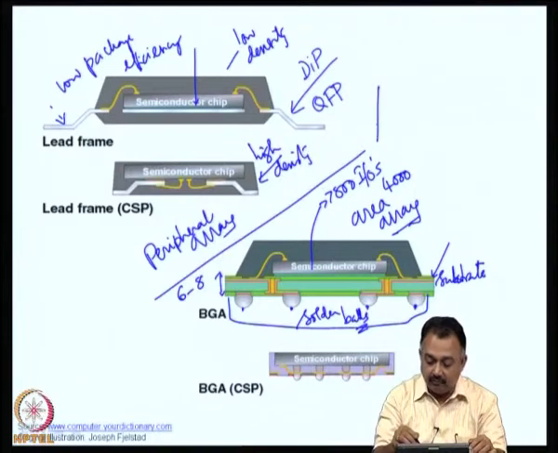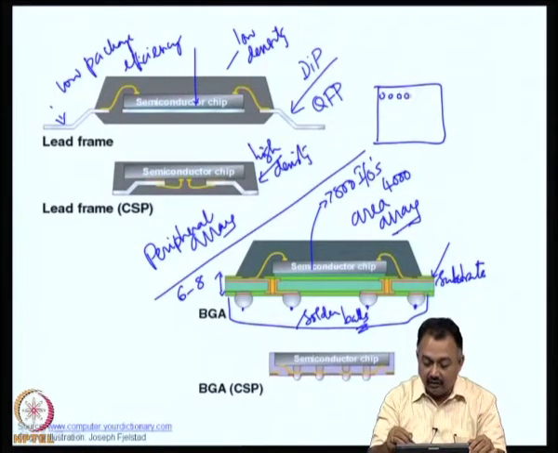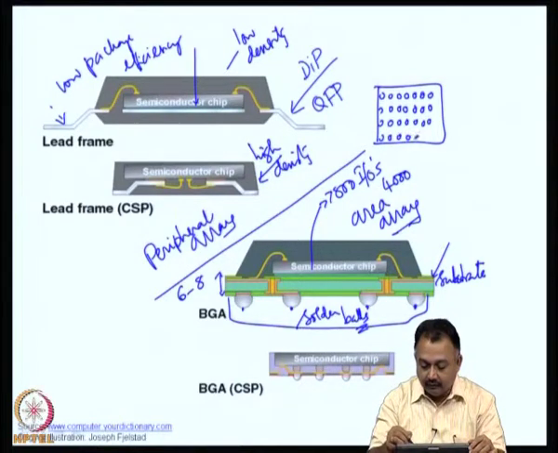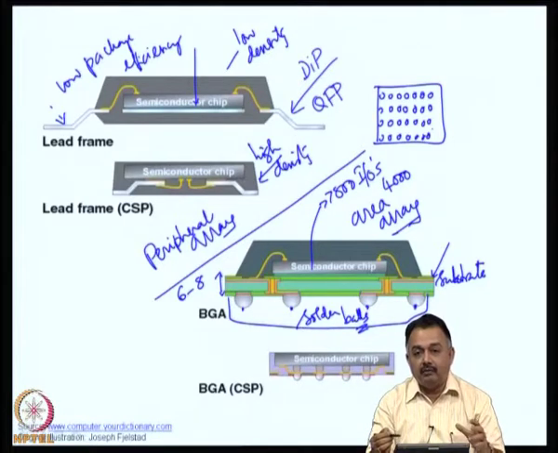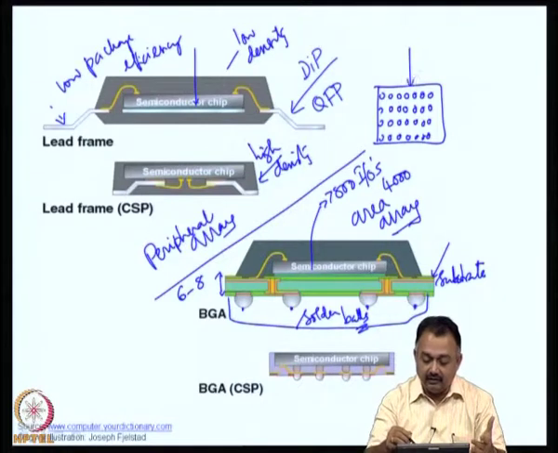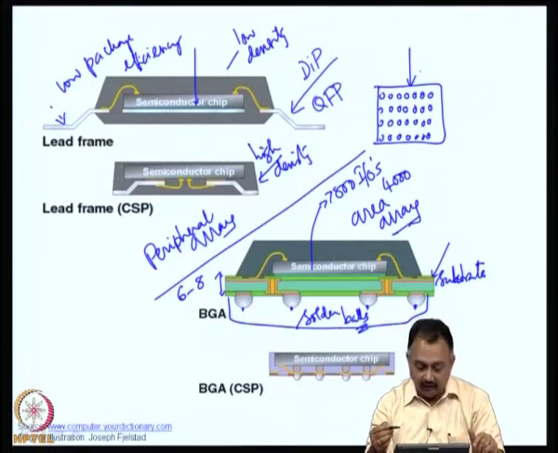If I draw a picture of the bottom side of this chip, you will have a lot of solder balls. Because you are using this technology, you are utilizing more area under the die, the number of IOs will increase, and therefore, the package density is very high.